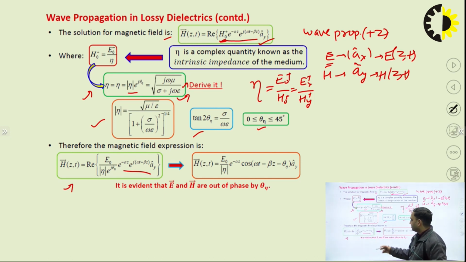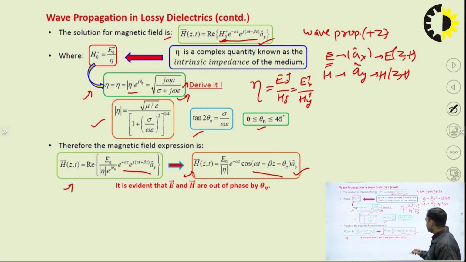Then H will become E naught upon mod of eta e to the power minus alpha z cos of omega t minus beta z minus theta n. In this way we can find these equations. I hope this point is clear to all of you.